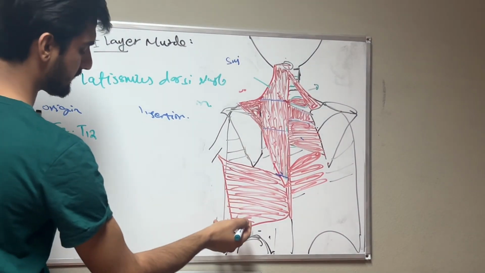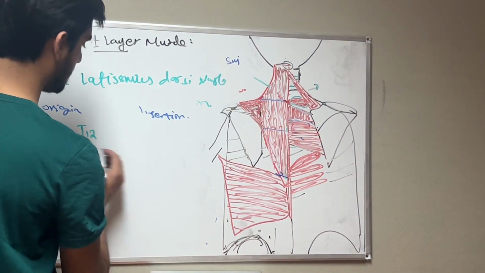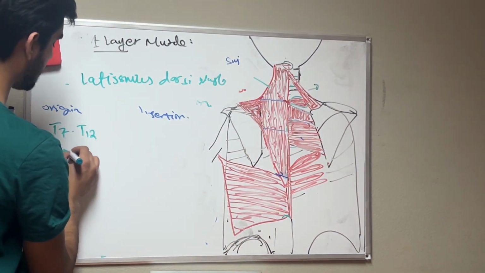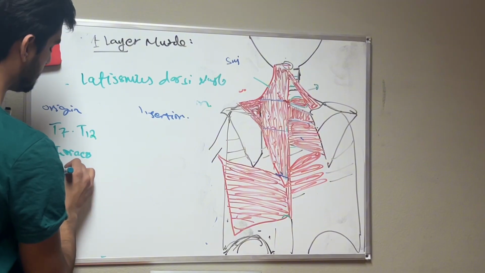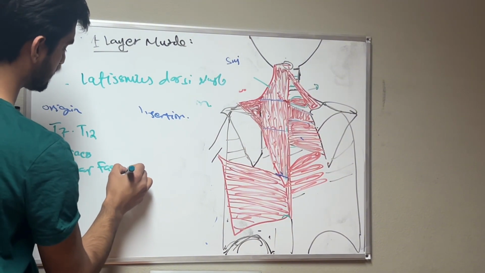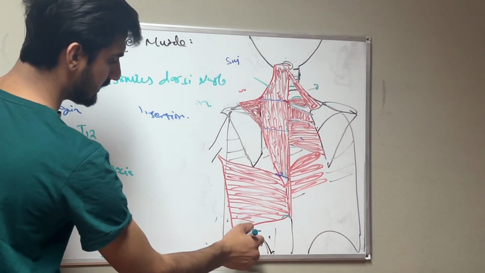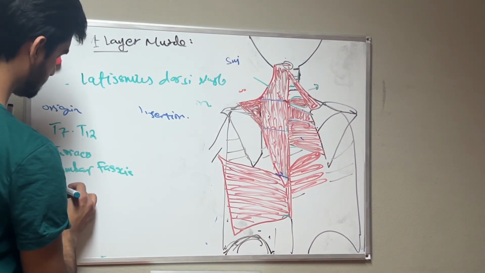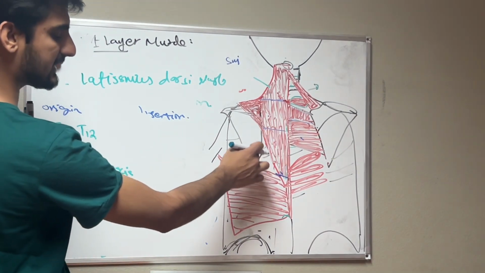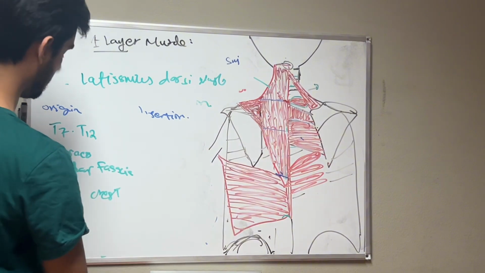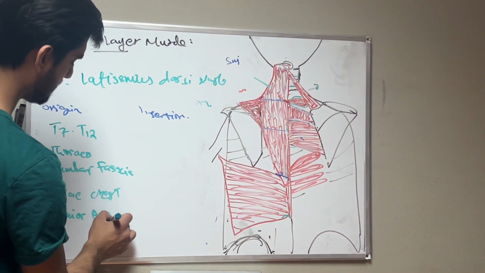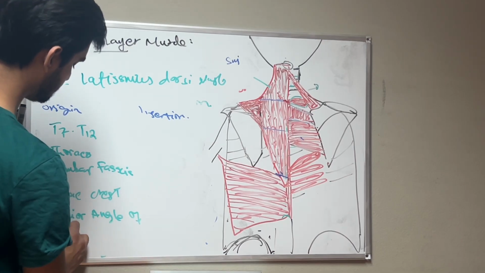Then because here is the thoracolumbar fascia, we will write thoracolumbar fascia. Then we have the iliac crest, and here is also a little bit of connection with the inferior angle of the scapula.